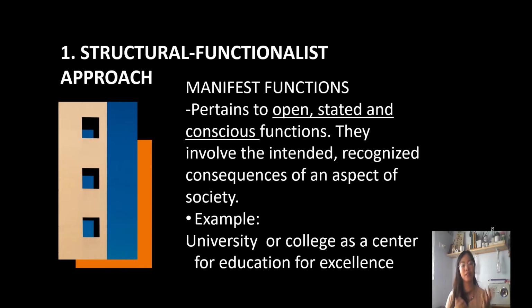For example, in the education sector, a university or a college, its purpose or manifest function is to be a center for excellence in education, or to produce graduates who would be part of the workforce in the future to maintain the economic balance of society. That is the manifest function of schools or universities.